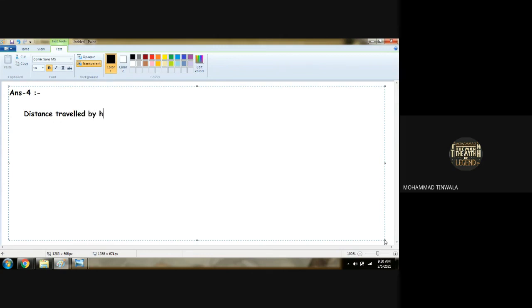Distance traveled by Hamid in 1 hour. 1 hour is common, so no need to write in all. So in 1 hour, 9 kilometer. Then second step: distance traveled by Akhtar in 1 hour is equal to 12 kilometer.